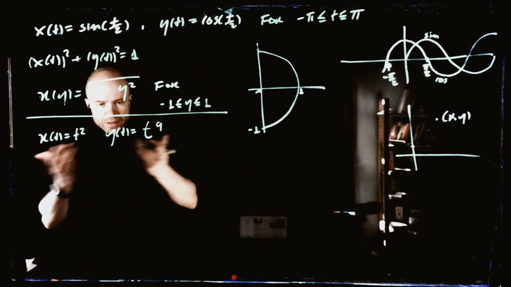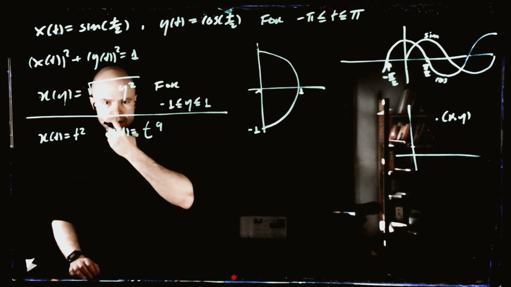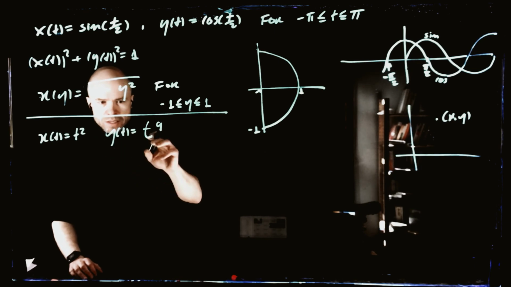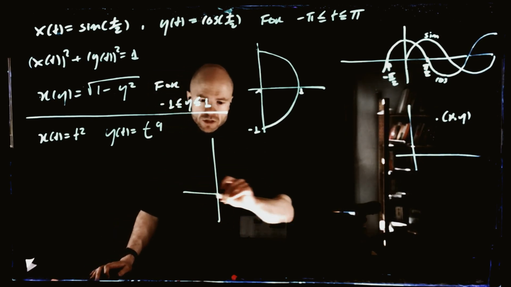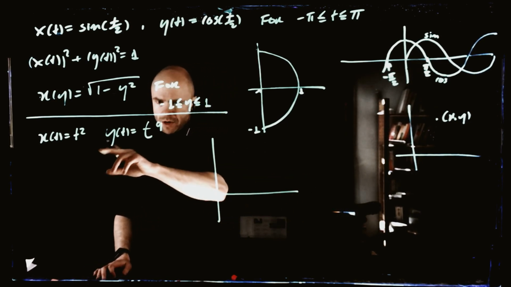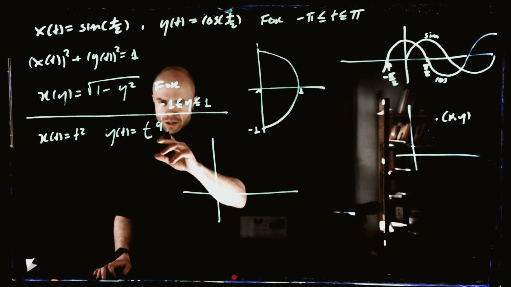So we'd like to write this as a graph of a function from x to y, and this remains positive, right? And this guy actually changes sign. So what happens? So the x coordinate's always positive, but when t is negative, this thing is also negative, right?